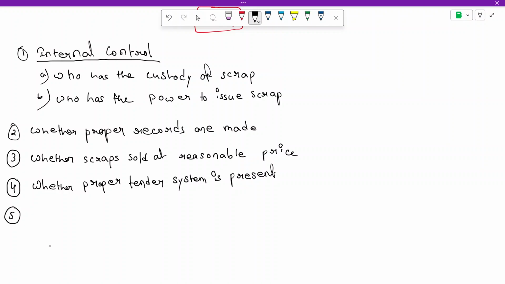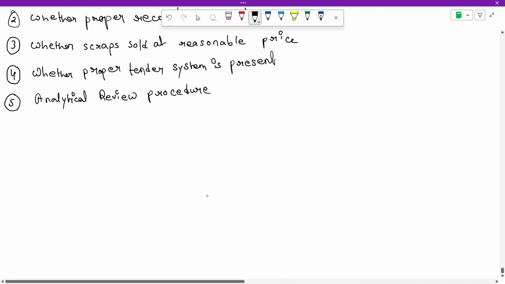Fifth will be analytical review procedure. And what will be the part of analytical review procedure?